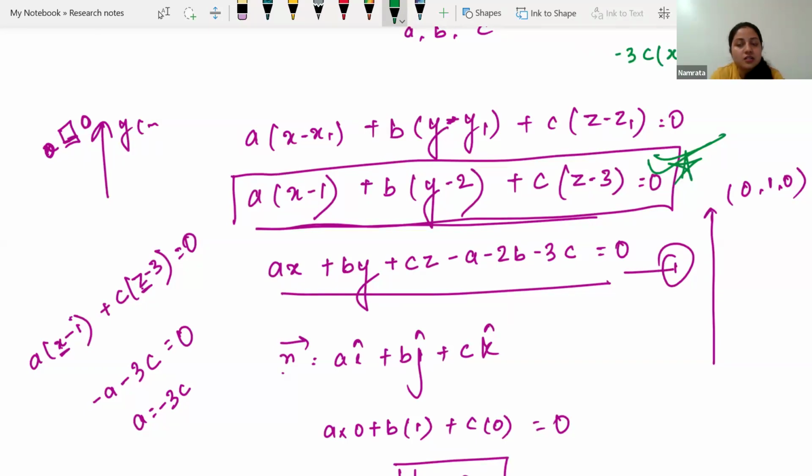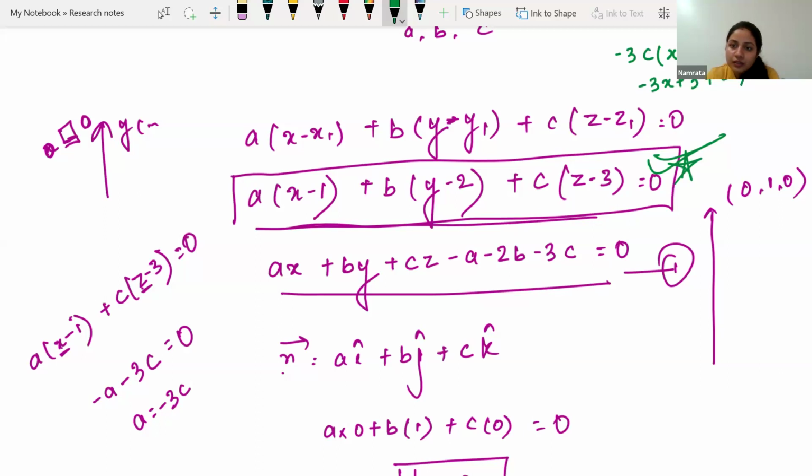Let's just divide both sides by c, or take c as common and transfer it to the other side. C is just a constant. So we will have minus 3x over here plus 3 over here, and here we will have plus z minus 3 is equal to 0.